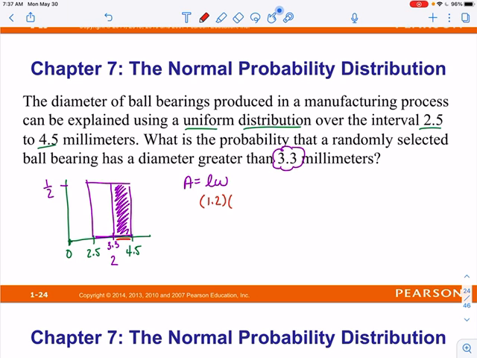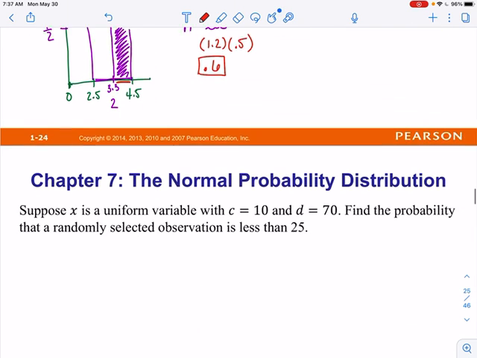The height is still that 1/2, or 0.5 as a decimal. If I multiply 1.2 times 0.5, I get 0.6, which means there's a 60% chance that you are getting a ball bearing that has a diameter greater than 3.3.